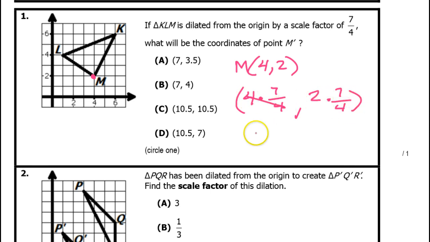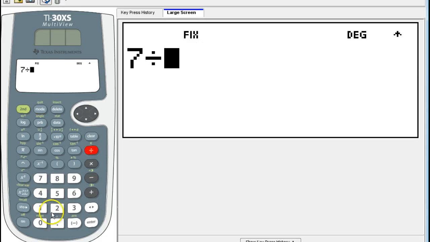Well, these 4's just cancel, so that's just going to be 7. 2 times 7 over 4, so this is 14 over 4, which is the same thing as 7 comma 7 over 2. And 7 over 2 is the same as 3.5. I mean, you could do 7 divided by 2 if you needed to.